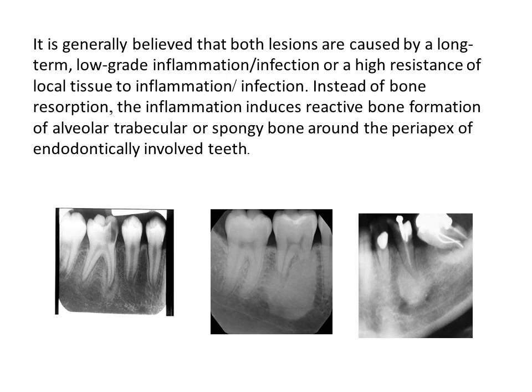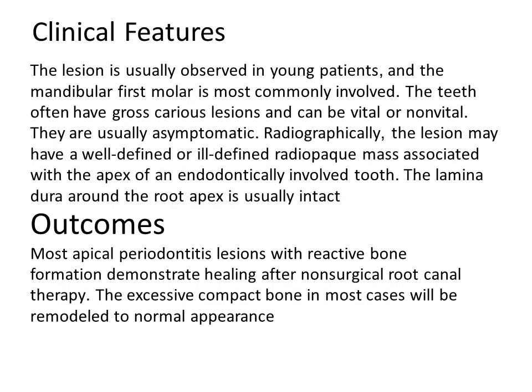There were some inflammatory changes in the bone. So instead of bone resorption, the inflammation induced reactive bone formation of alveolar trabeculae, spongy bone around the periapex of the endodontically involved tooth. The case I've seen was not endodontically treated. It was just asymptomatic chronic inflammation left untreated in the lower one I've seen.